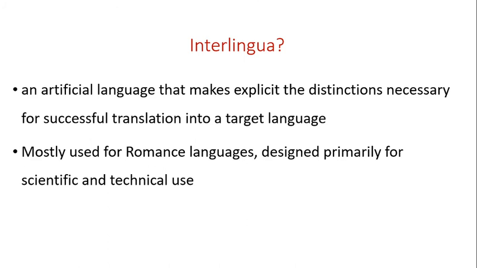Interlingua is an artificial language independent of any natural language that makes explicit the distinctions necessary for successful translation into a target language. We can say that the Interlingua is a program which understands many languages and knows how to transfer those languages into many other languages.